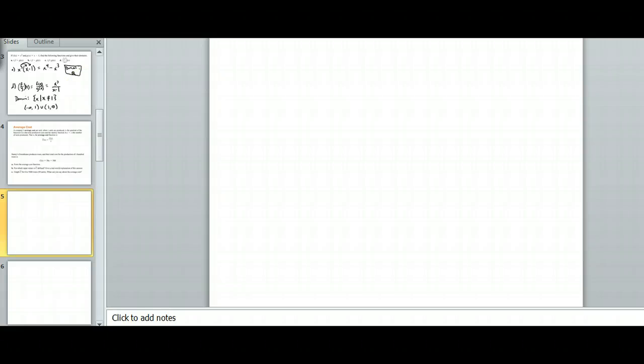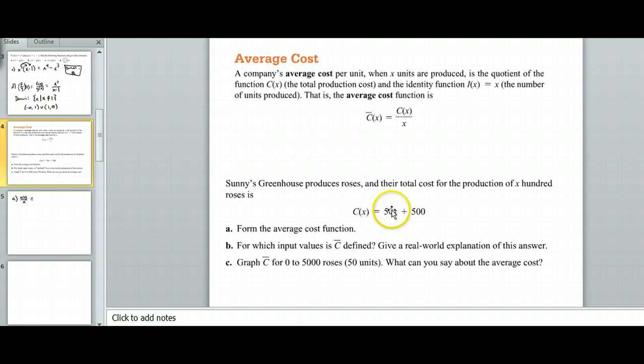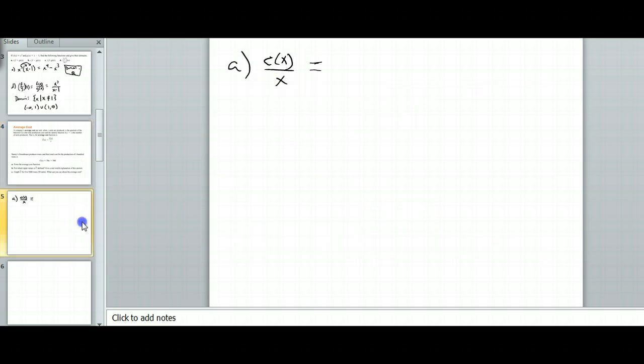So I'm going to say for part A, that's c of x divided by x. So c of x is 50x plus 500 over x.